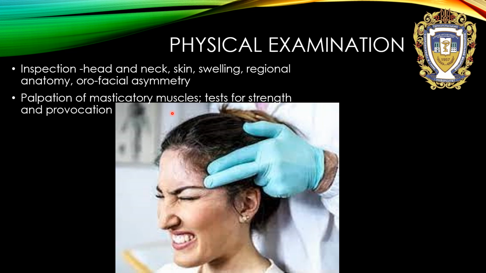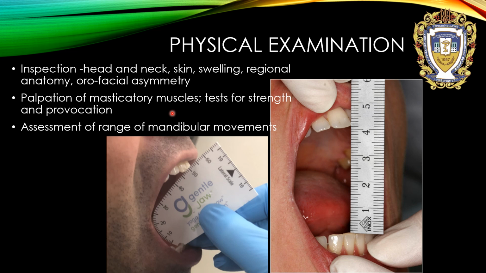We need to use palpation of masticatory muscles, and we need to conduct tests for strength and provocation. Of course, we need to assess the range of mandibular movements. We can use standard rulers or a special device, a special scale, to measure the range of mandibular opening.